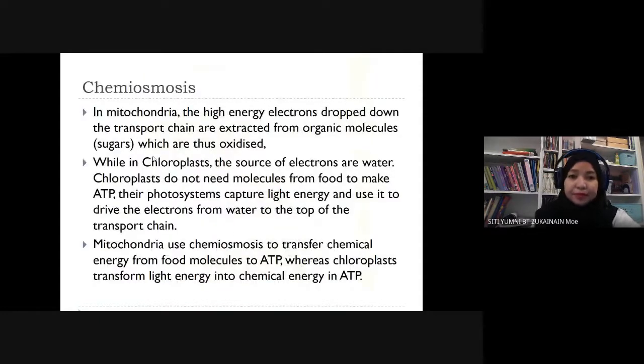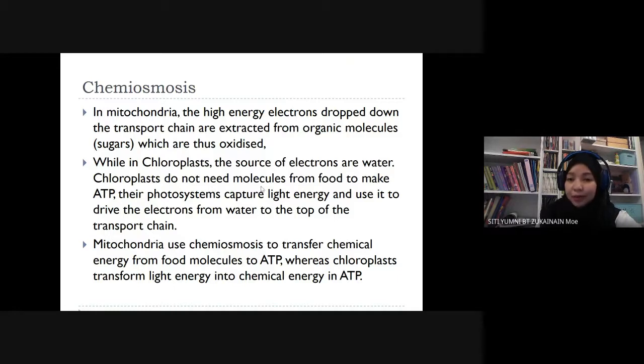Okay. So if you want to compare chemiosmosis in mitochondria and in chloroplasts, in mitochondria high energy electrons drop down the transport chain, extracted from organic molecules, sugars, which are thus oxidized. While in chloroplasts, the source of electrons is water.